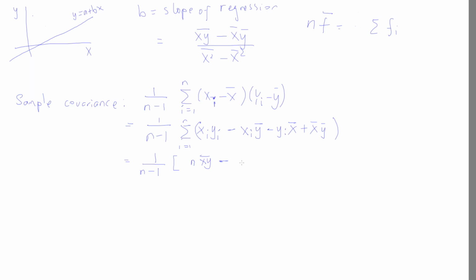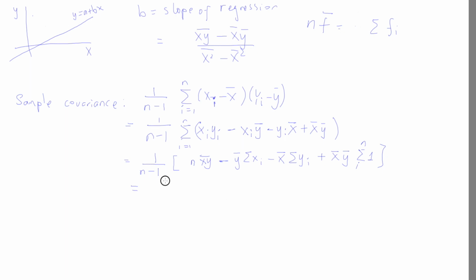The y bar doesn't have an index in it, so I take it outside of the sum, and I'll just have an xi. Same thing here, x bar comes out the front because it doesn't have an index i, and the yi stays in there. And neither of these has an index. These are just x bar y bar, so I can take them both out. This is still going to be i to n, and now it's just going to be a 1 in here. So in this step I just took the summation to each of the terms and simplified a little bit.